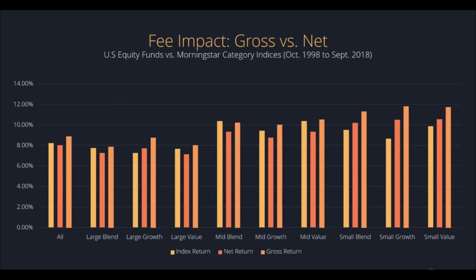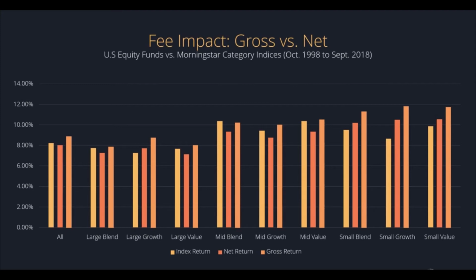So what you're looking at here is a comparison between index return, net return, and gross return for all those different categories that I explained earlier. Net return is factoring in the return of active funds after fees. Gross return is the return of those active funds without fees involved.